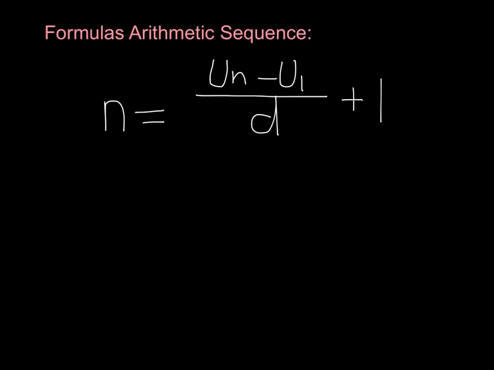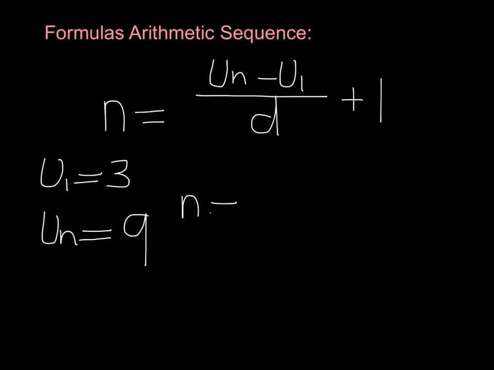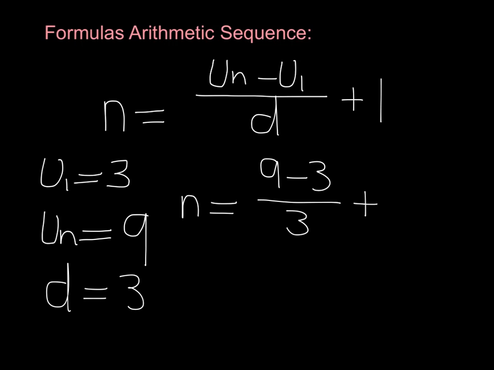So for example, you are given that u1 is equal to 3, and you are given that un is equal to 9, and that the difference is 3. So you will replace: 9 minus 3 over 3, plus 1.